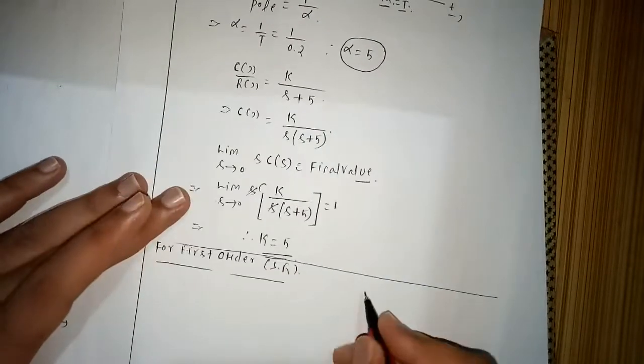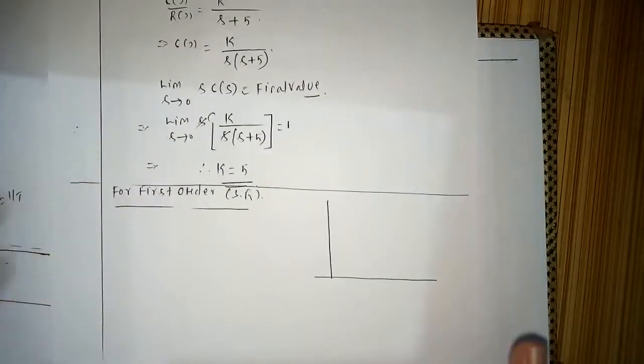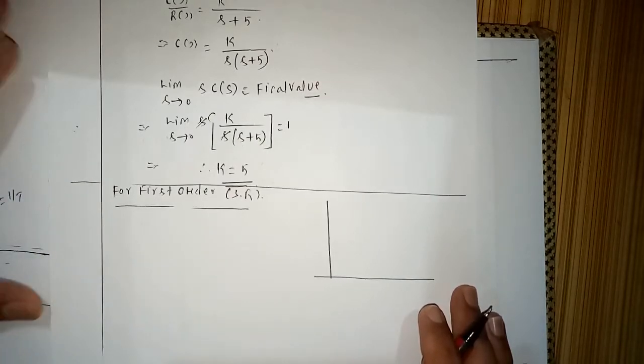This gives our steady state value of the system, and we are interested in how much time it will take to reach some value, how much time it will take to reach the final value, what the tolerance is, and what the steady state error is. These are the things we want to discuss.